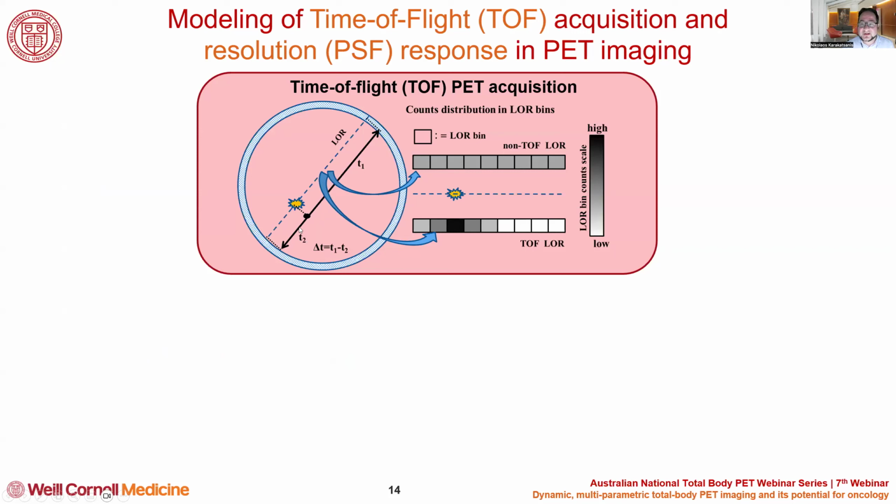They are at 180 degrees apart, and we only know that the interaction happened along this line, but we don't know exactly where the interaction took place. But by measuring the time of arrival of the first photon detected in the first detector and in the second detector, and taking the difference in time, we can more precisely estimate approximately the position of interaction along that line. And this hugely helps the signal-to-noise ratio recovery in our final reconstructed image.